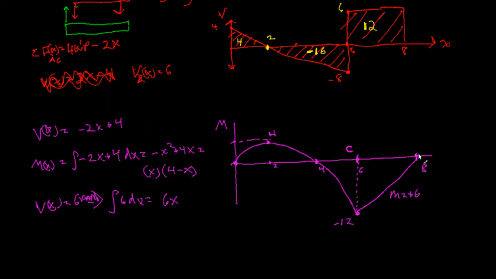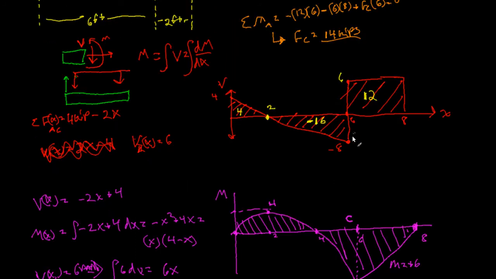Okay, and then we know that at 8 it goes to 0. So this is a graph of our bending moments. We have a maximum at 4 and a minimum at negative 12, but they want the absolute maximum of both of these.